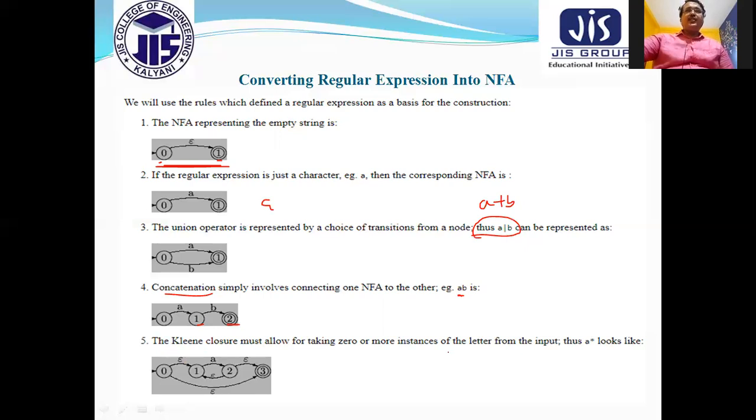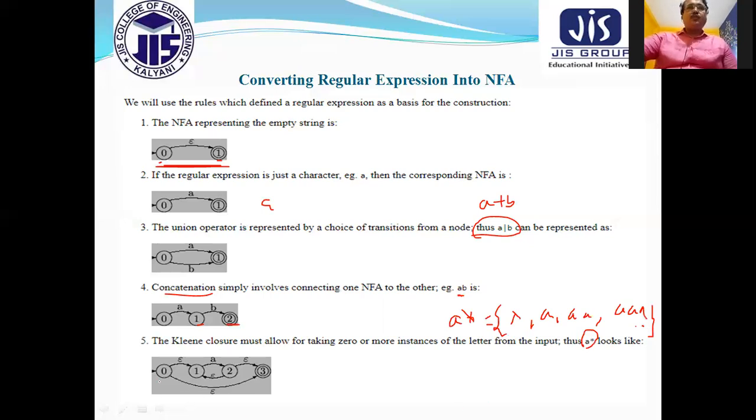And suppose A star is there. How can we do it? We start from 0, because A star means what? It is just like null, A, AA, and so on; there are infinite numbers.